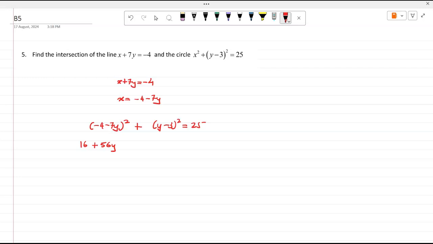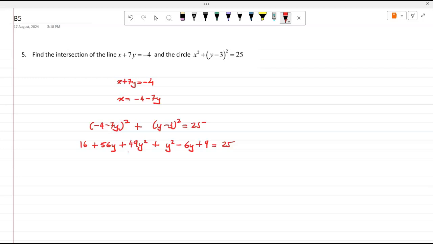So plus 28 into 2 is 56y. Plus 49y square. Plus y square minus 3 twos are 6y plus 9 is equal to 25.